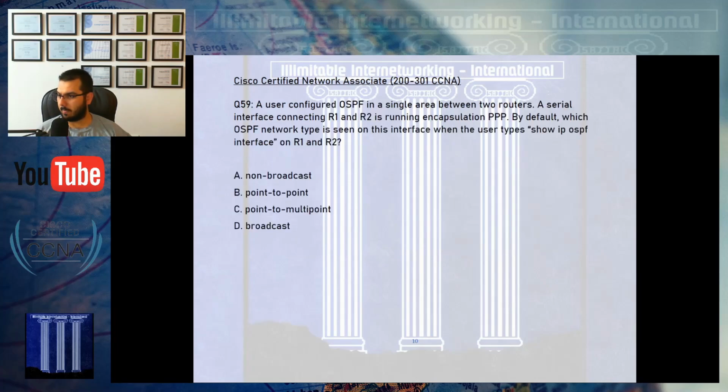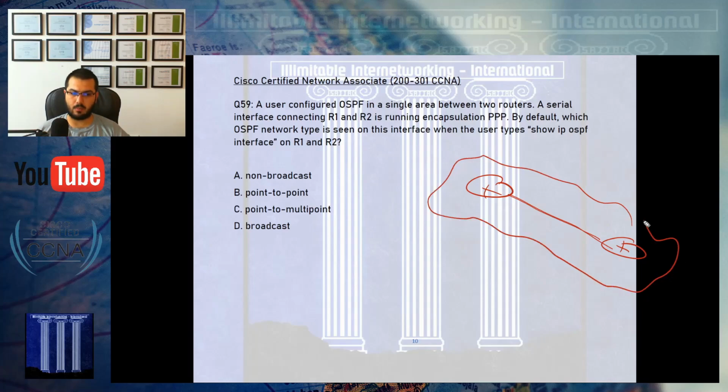Question 59 says a user configured OSPF in a single area between two routers. So I have two routers connected together by OSPF, and both of them lie under the same area, so no inter-area routing, etc. A serial interface that is connecting R1 and R2 is running an encapsulation of PPP. So this is R1, this is R2, and the link between them is the Point-to-Point Protocol, PPP.